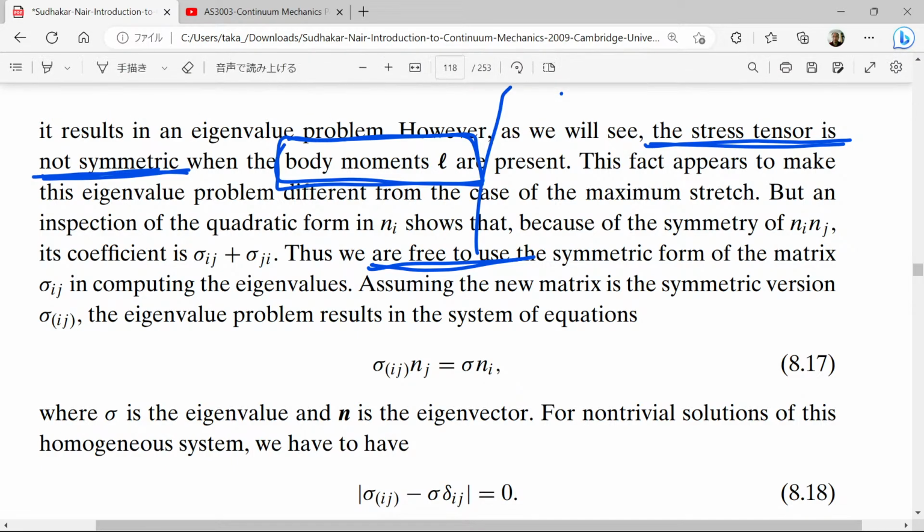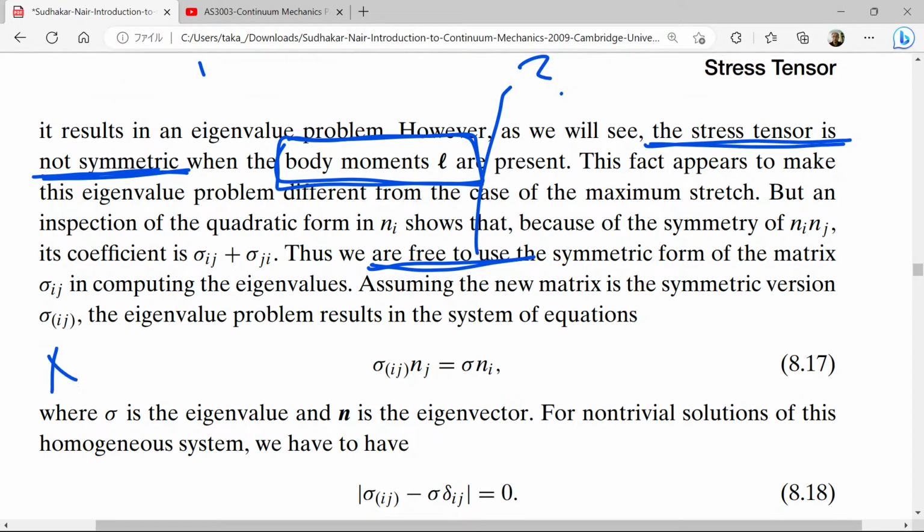So we have this one, right? We have n is sigma ij ni nj.